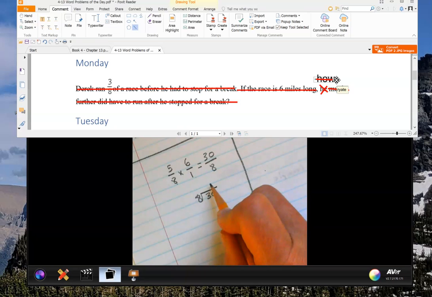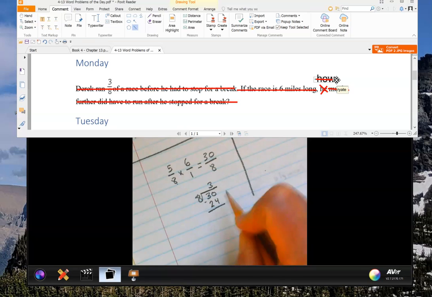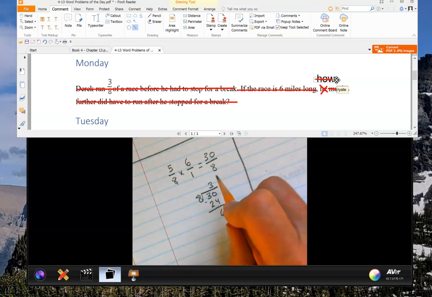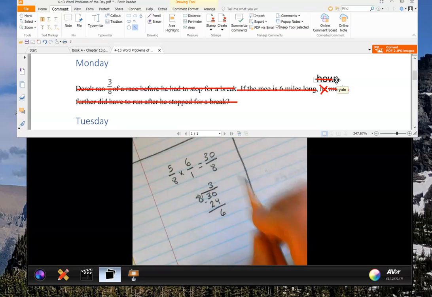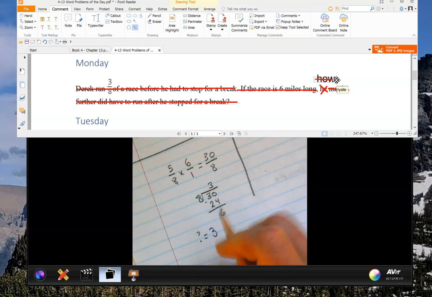That's too big. 8 times 3 is 24. 30 minus 24 equals 6. So that's my remainder, and that becomes my fraction numerator. So my question mark is going to equal, well, let's see, 3 and 6/8 miles to go.